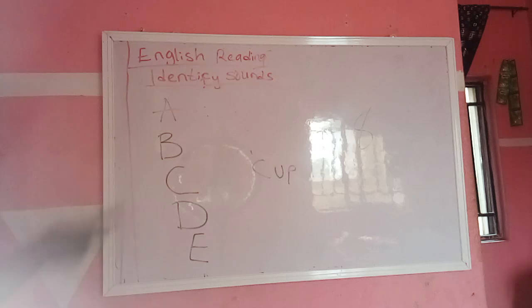Now let's go again. Letter A pronounced as A. Say A. Letter B pronounced as B. Say B. Letter C pronounced as K. Say K. Letter D pronounced as D. Say D. Letter E pronounced as A. Say A. Now let's go. 1, 2, go.